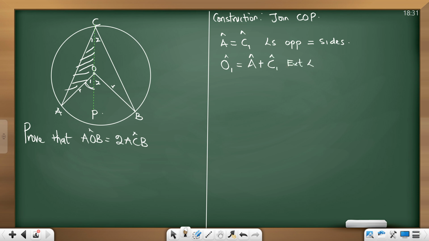Exterior angle of triangle is equal to what? Sum of opposite interior what? But didn't we say A is equal to C? So we can replace it by saying O1 is what? C1 plus C1. And that is 2C1.